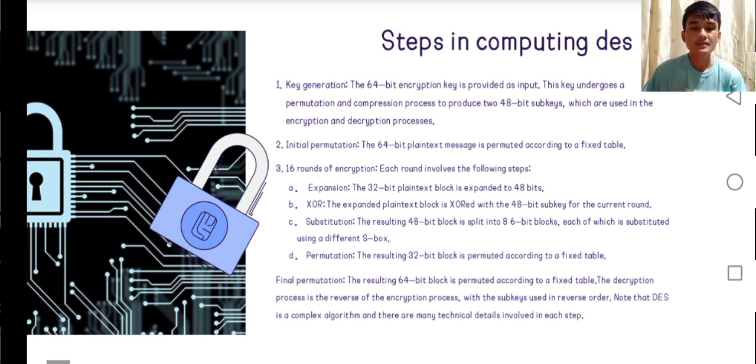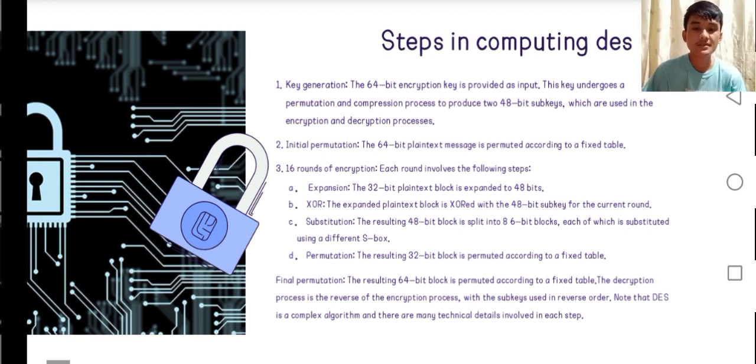C. Substitution. The resulting 48-bit block is split into eight 6-bit blocks, each of which is substituted using a different S-box. D. Permutation. The resulting 32-bit block is permuted according to a fixed table.